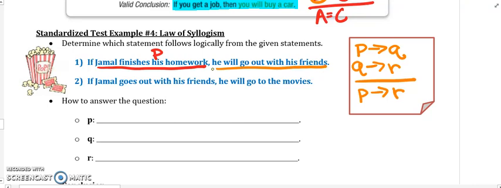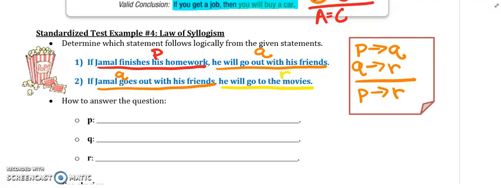He will go out with his friends. This doesn't have a then, but it could, it would be the same thing. Jamal goes out with friends. Is that the exact same? No, one says he, one says Jamal, but it is the same statement. And so then we have Q implies, and again, it doesn't have a then, but he will go to the movies, and so Q implies R.